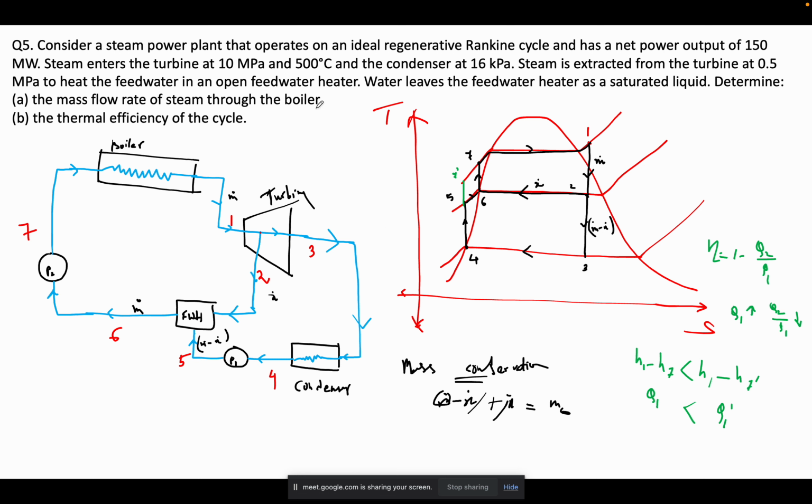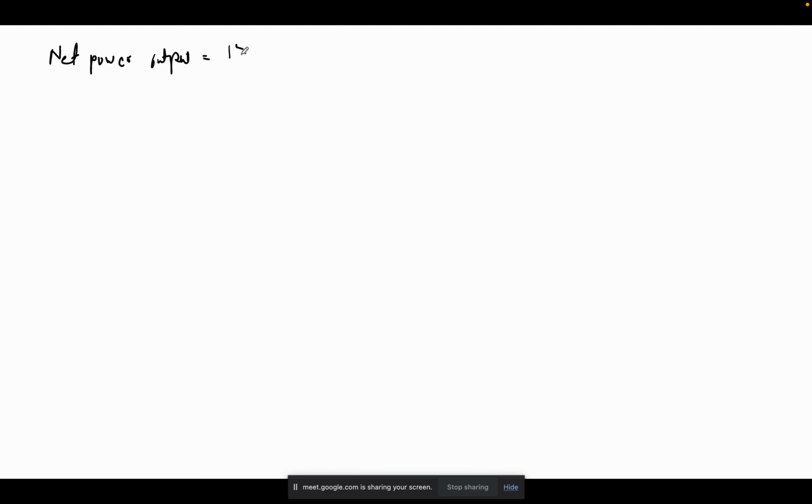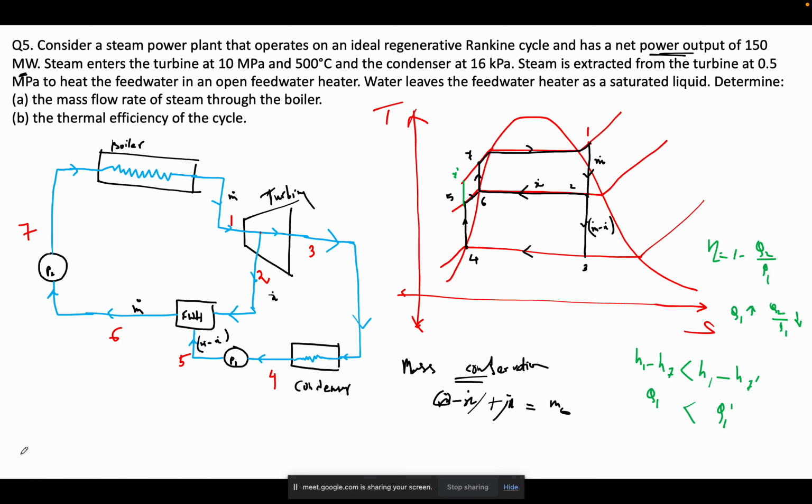So what it is telling us is that there is a net power output of 150 megawatt, okay. So there is a pump work. What is my net power output? My net power output is 150 megawatt, okay. Then steam enters the turbine at 10 megapascal and 500 degrees Celsius.